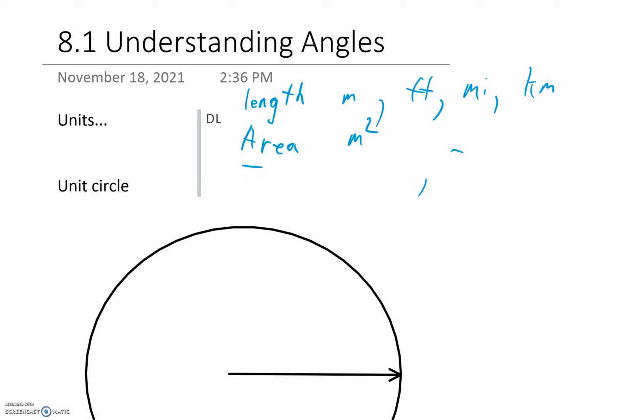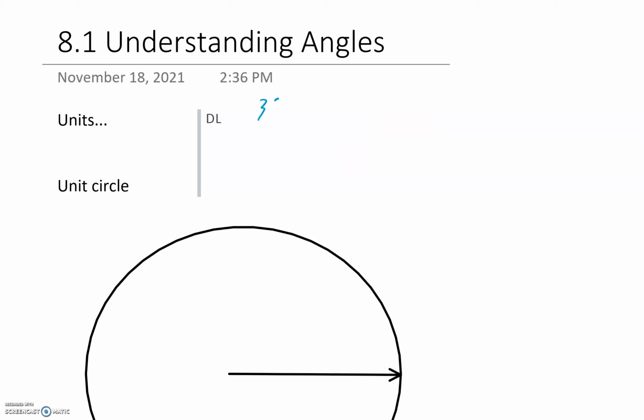You've probably heard before of degrees, like maybe 360 degrees, but perhaps you have not heard of the other type of measurement. You might know this or have heard this before because of your calculator. Calculators can be in two different modes.